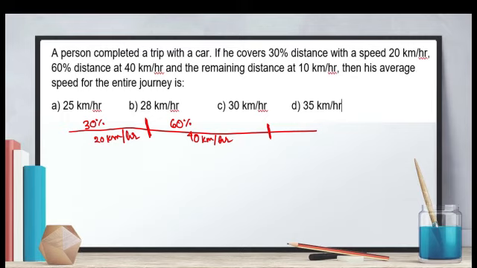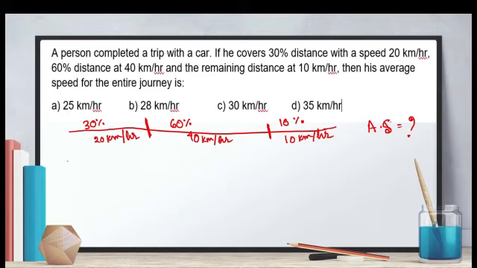So 30 plus 60, 90% distance is already covered. So what is the left distance? The distance left is 10%. Remaining 10% distance at 10 km per hour. Then what is his average speed? Is equal to what?